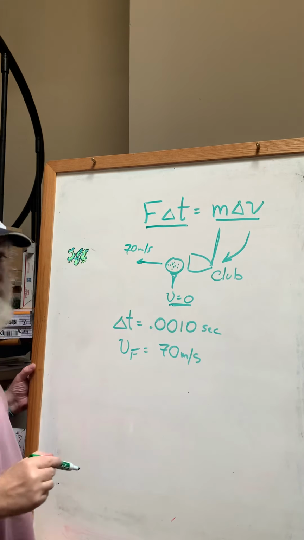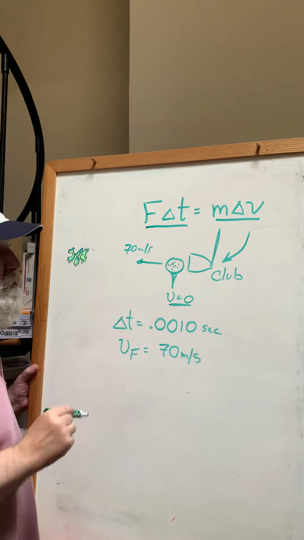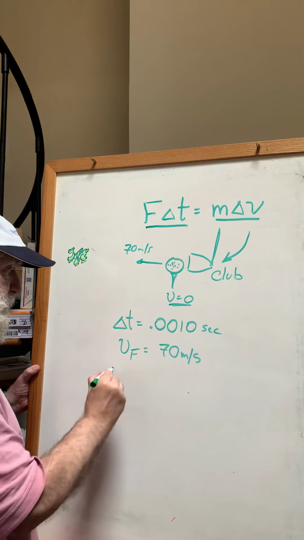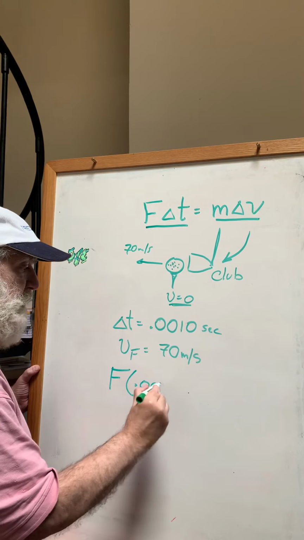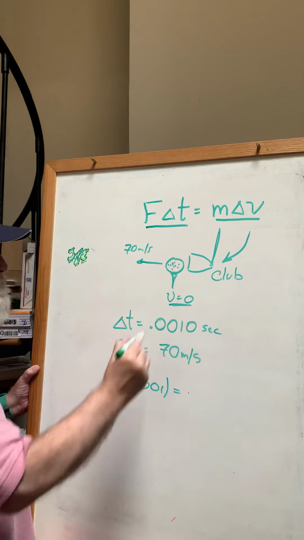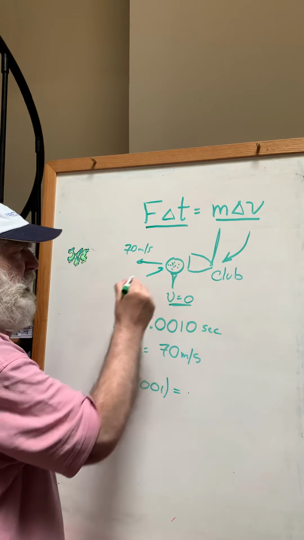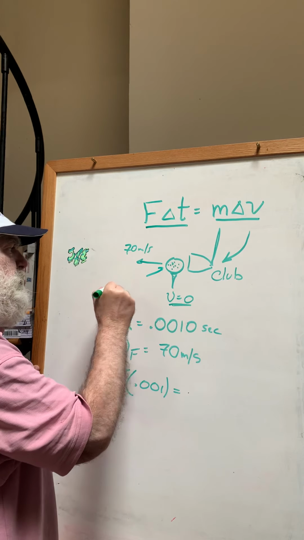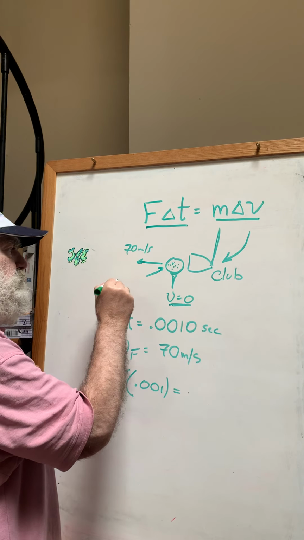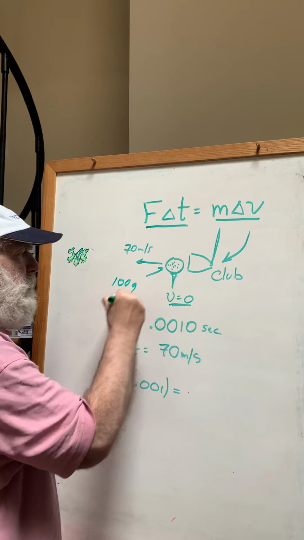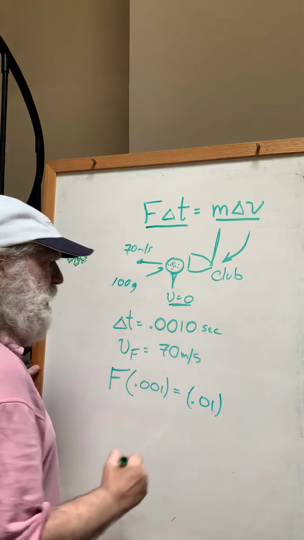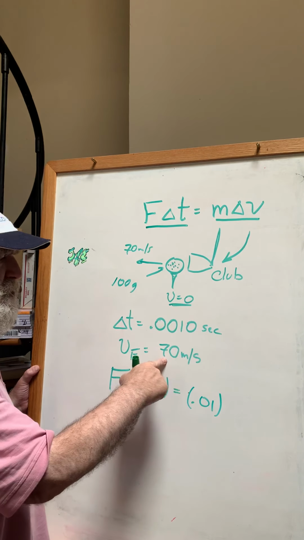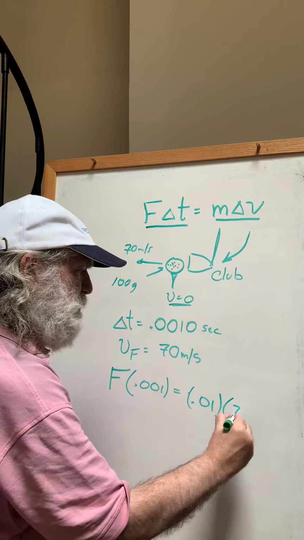So according to Newton's second law in the impulse domain, we have the force that the club head exerts times the time, a thousandth of a second, is equal to the mass of the ball, and let's say that it is 100 grams. So we have 0.01 for mass times the change in velocity, which is 70 minus 0, or 70.